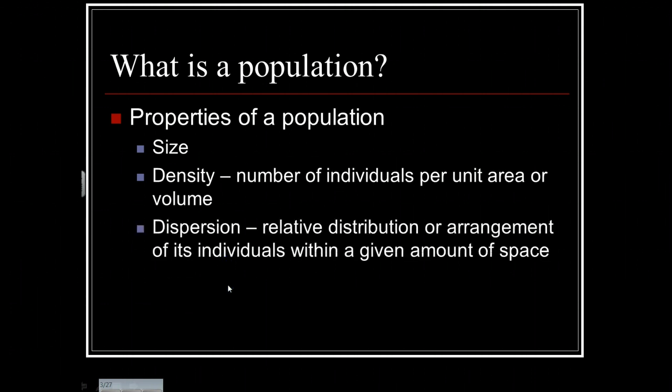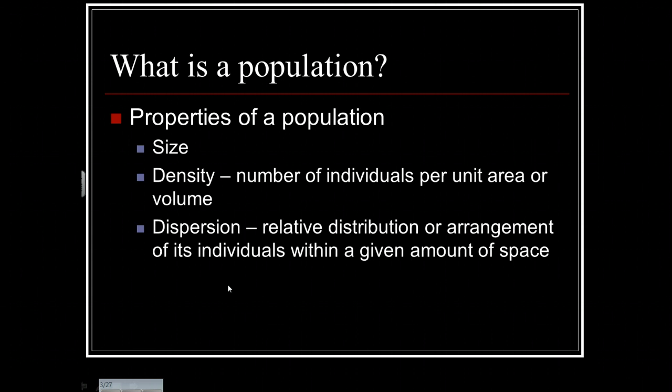Another property of a population is that of dispersion. Okay, and that talks about how the individuals in that space are arranged. Because once again, if you look at the classroom, you notice that I have most of the desks closer to the podium, closer to the smartboard, are the ones that are filled in. But we could spread you apart, and we would still be talking about density.